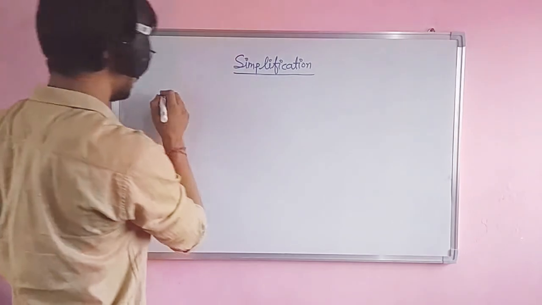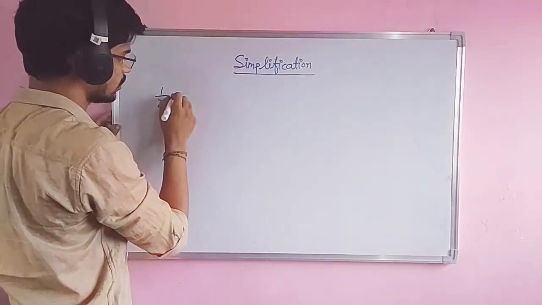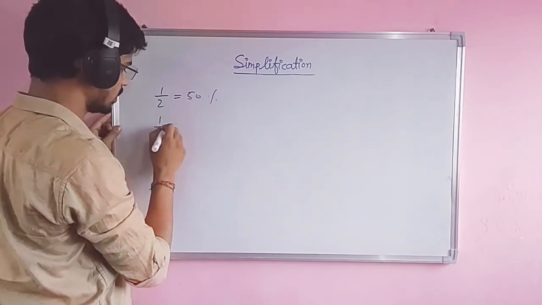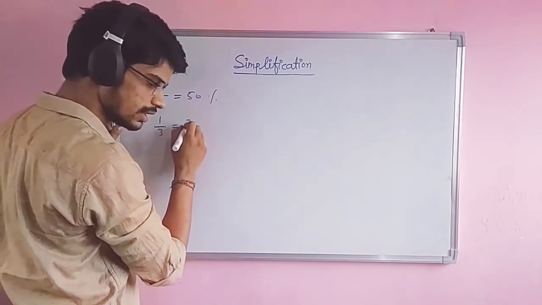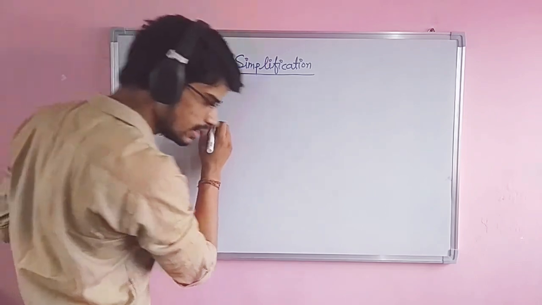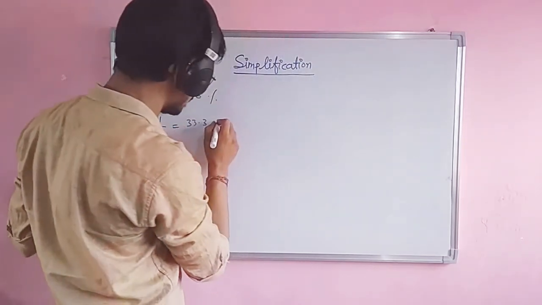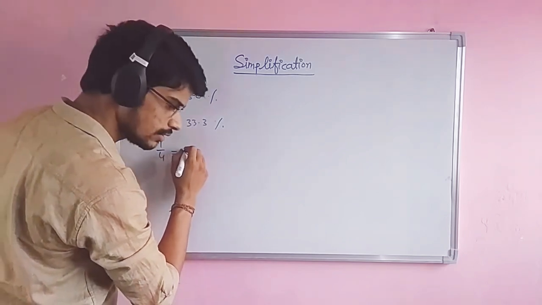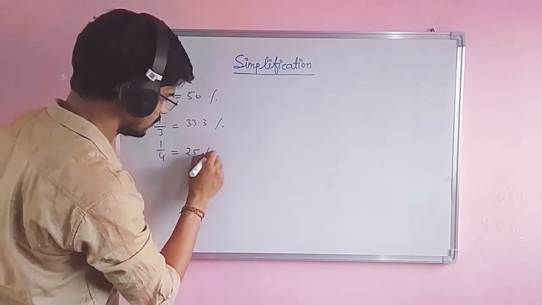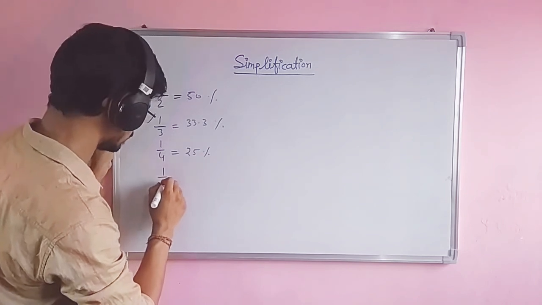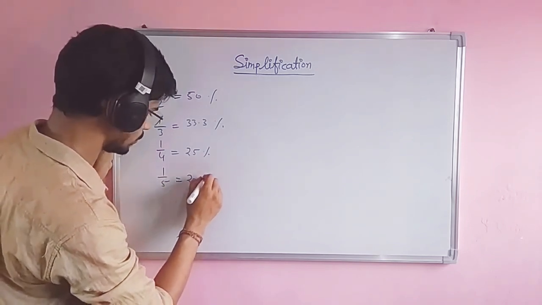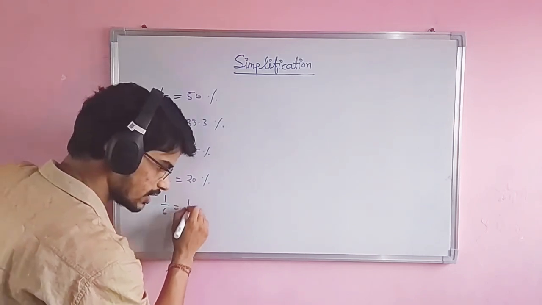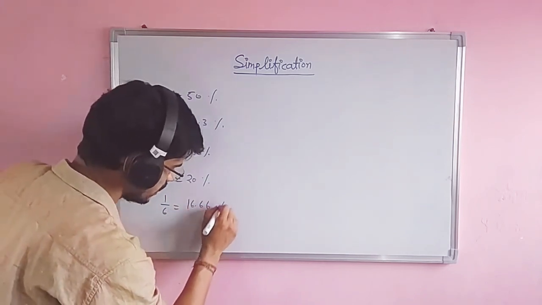We note down 1 by 2 equals 50%, 1 by 3 is equal to 33.3%, 1 by 4 equals 25%, 1 by 5 equals 20%. Here 1 by 6 is equal to 16.66%.